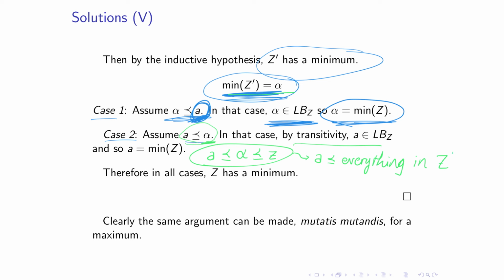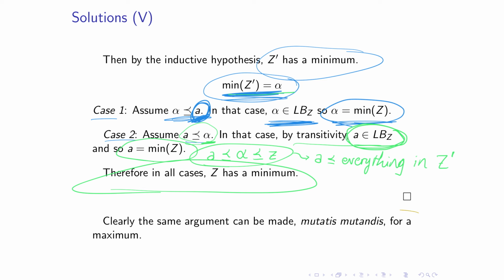And the only thing left for A to precede in order for it to precede everything in Z is to precede itself, right? Again, A is the only thing not in Z prime that is in Z, but by reflexivity, A precedes A, and so that gets us that A precedes everything in Z. Well, again, since A is an element of Z, that we knew from the beginning, and now we have shown that A is a lower bound on the set Z, therefore, A is the minimum of Z. But in all cases, Z has some minimum.